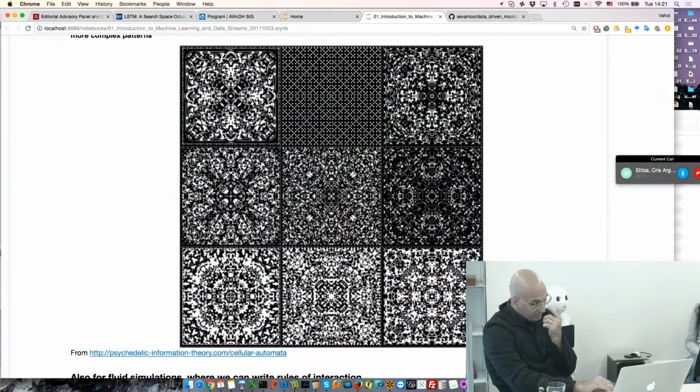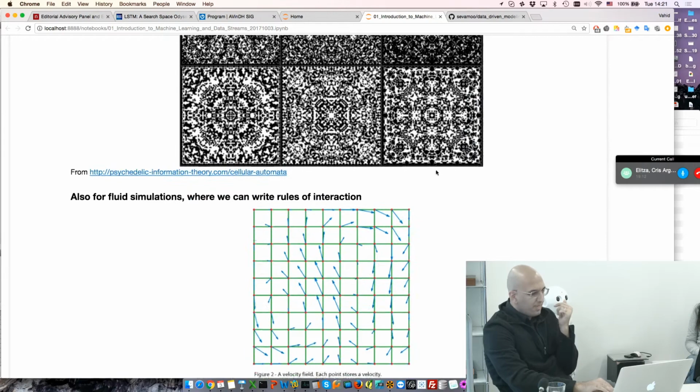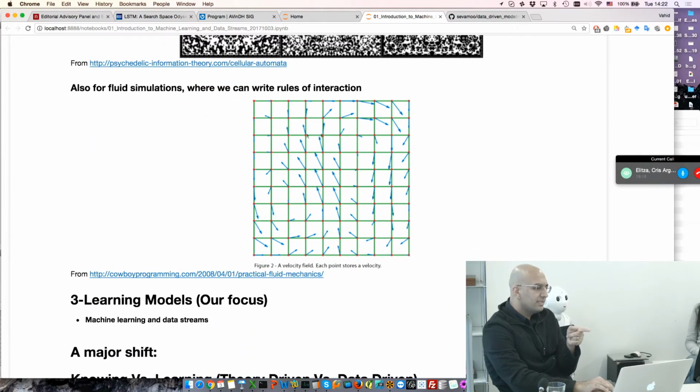So if we know how to deal with these data sets, this is the idea of data-driven modeling. And here the beautiful thing is that, imagine now this is an idealized model of how traffic would work in the city, how people and cars would drive in the city, and these are the patterns of people.